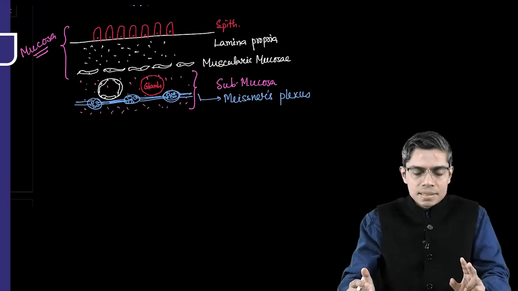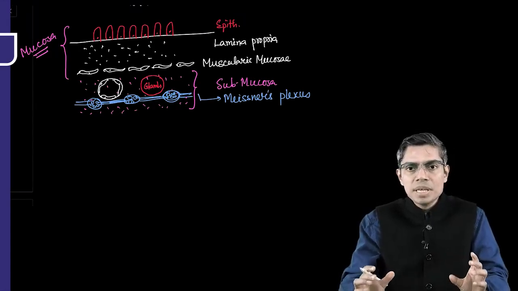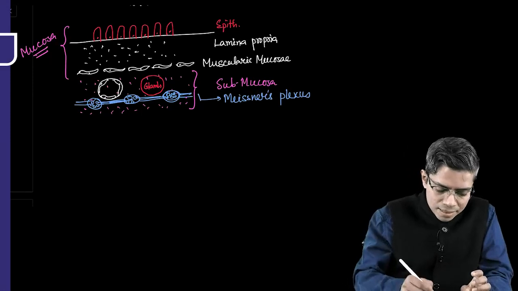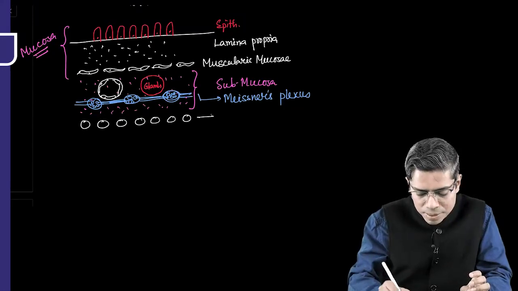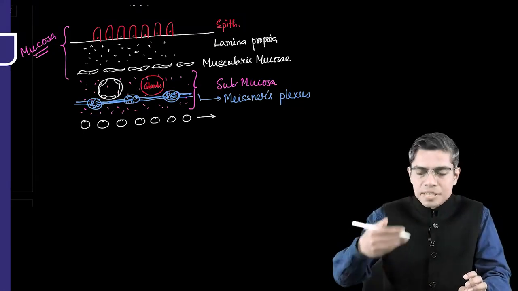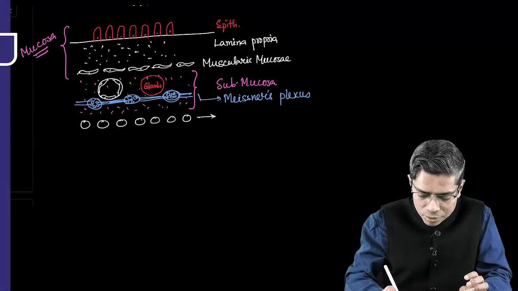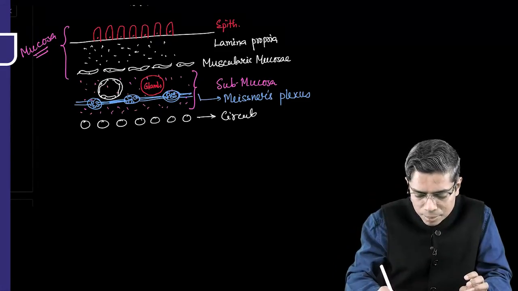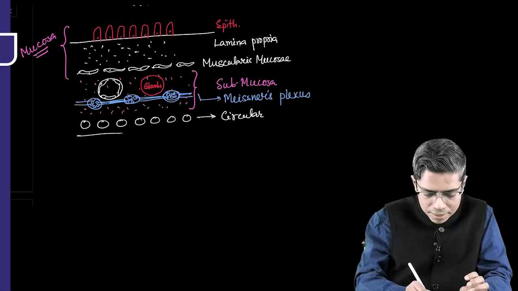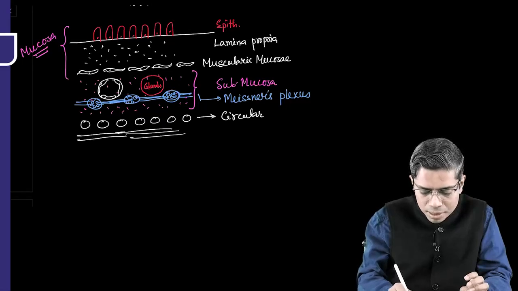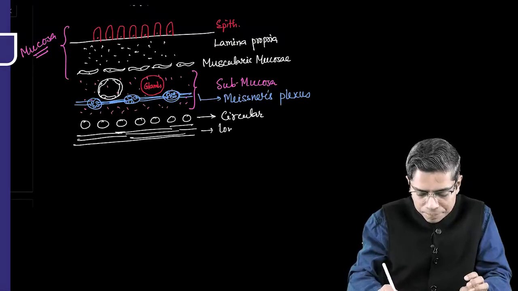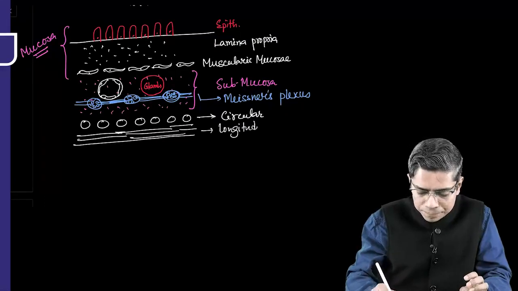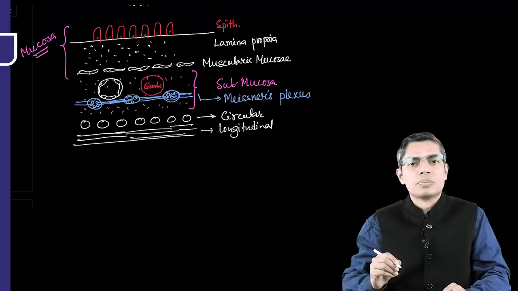Now these muscle layers are mainly 2 big layers, that is the inner circular muscle layer. This is the smooth muscle which is present circularly at the periphery of the GIT. That's why this is known as the circular muscle layer. And then there will be the longitudinal layer of the muscle, which is basically the longitudinal layer of smooth muscle.